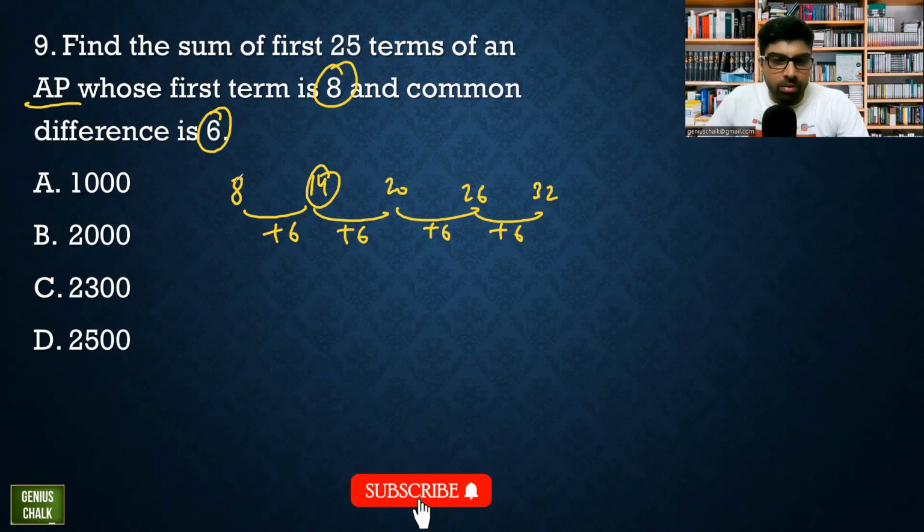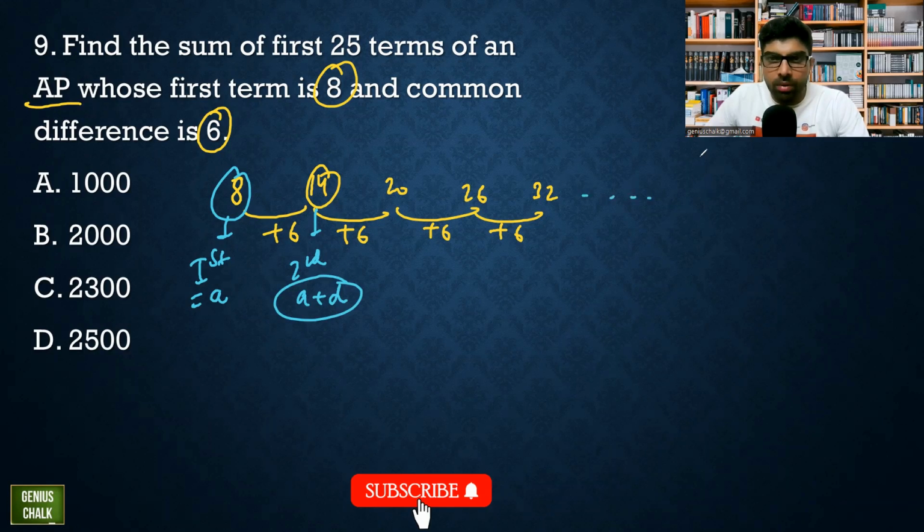So first 25 terms. In an AP this is called the first term, this is called the second term, and the first term we denote by A. Second term we denote by A plus D. Similarly, the last term, the 25th term, should be denoted by A plus N minus 1 D, where N is 25.